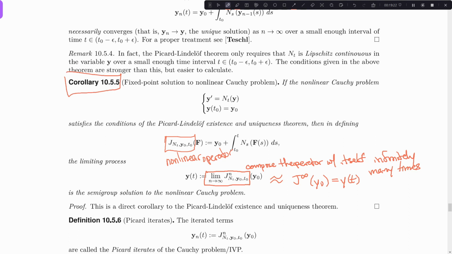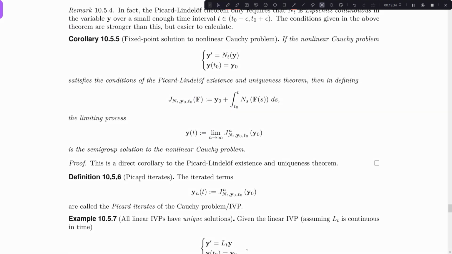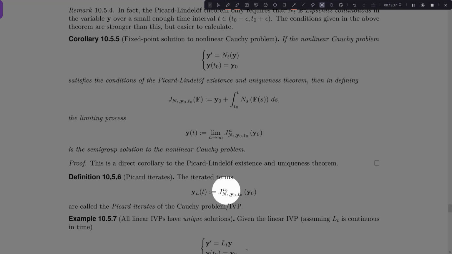It's actually incredibly important for ODEs in general, this notion of Picard iterates. And so the next definition is what we call the Picard iterates, and this is just a finite power of that operator that we would want to take infinite powers of.